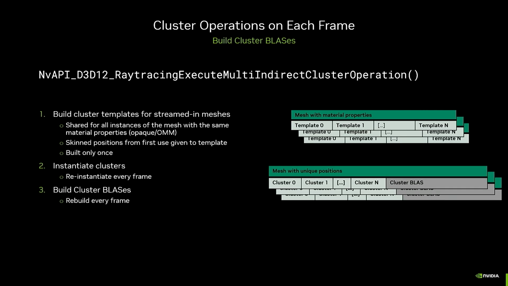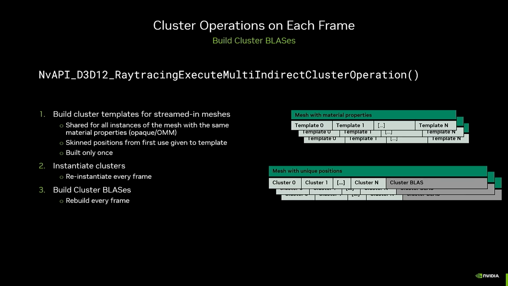The third cluster operation rebuilds BLASs from the instantiated clusters, and again one operation handles all the BLASs. For each mesh with unique positions, the clusters and the BLAS reside in the same memory allocation.